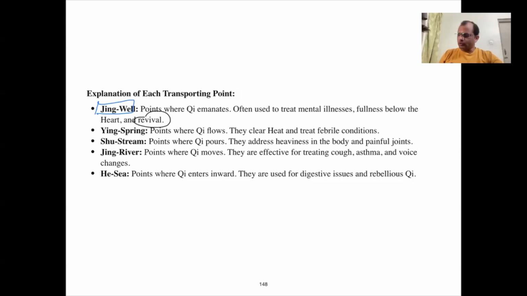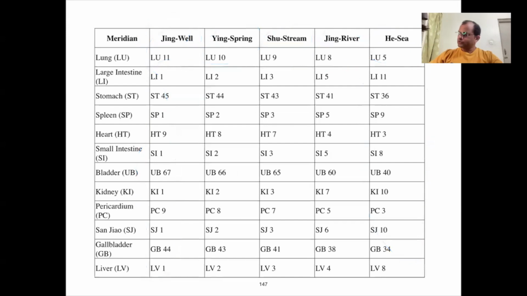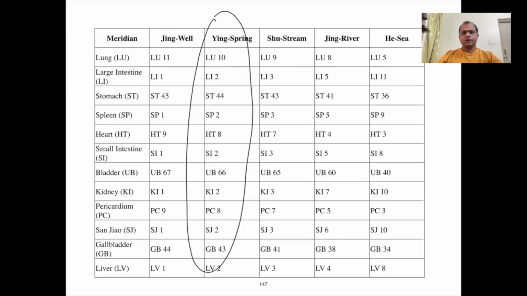The second point I told you, Ying spring, we are using for heat, like in a fever condition. The second point, the spring point, we are using for heat conditions or febrile conditions. If someone has fever, heat in the liver, Liver 2; heat in the gallbladder, Gallbladder 43.